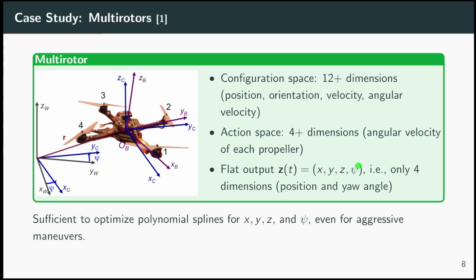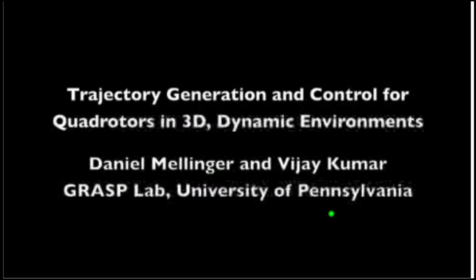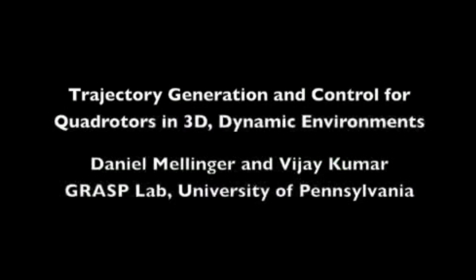Technically, you can only use the yaw angle, but because it's kind of an optional degree of freedom in these flying robots, people often even set it to 0, and it works fine. And then you can achieve shockingly aggressive maneuvers with this. And so I just wanted to also show a little video.